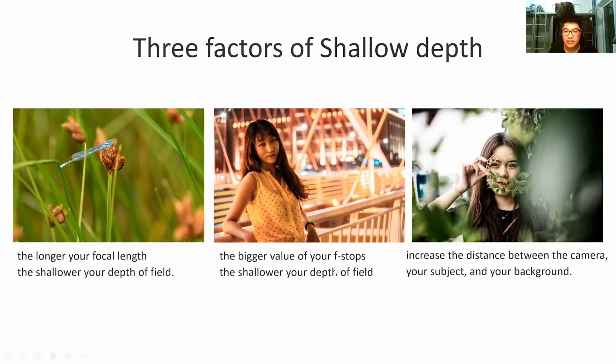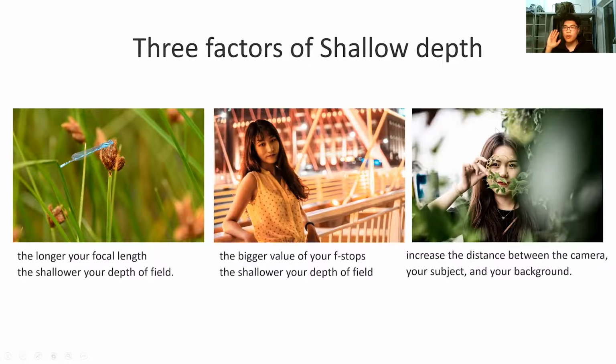The second part we talked about before is f-stops. With smaller f-stops, you will get a shallower depth of field. And the third part is to increase the distance between the camera and your subject, and between your subject and your background. So what does this mean? If you get close to your subject when you take your photo, you will get more blurred background.